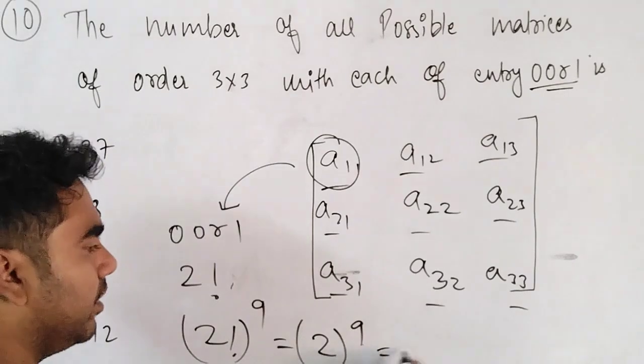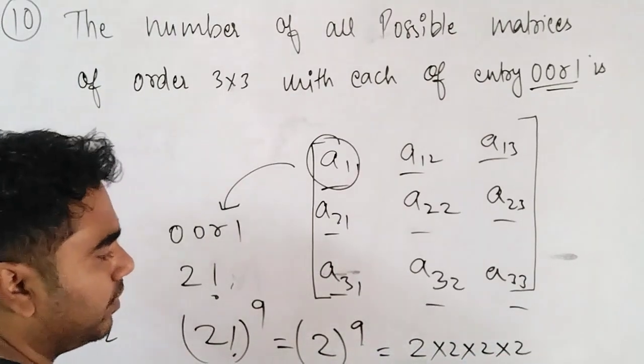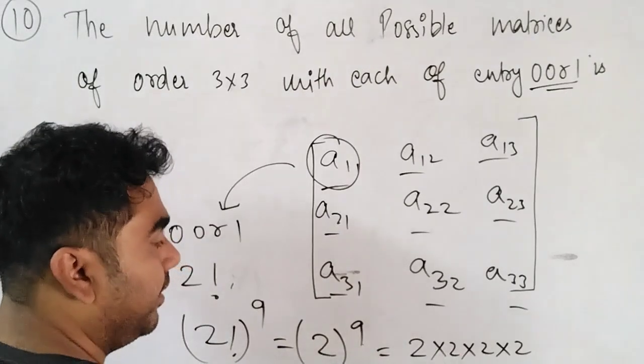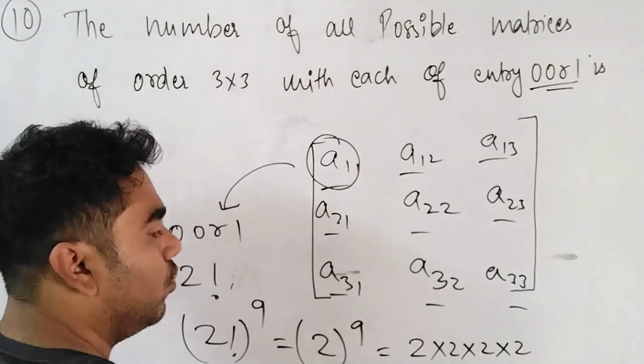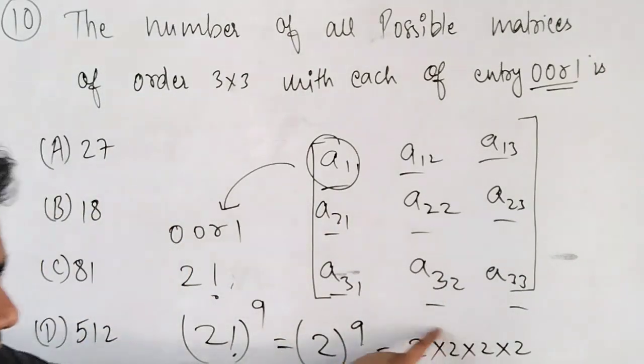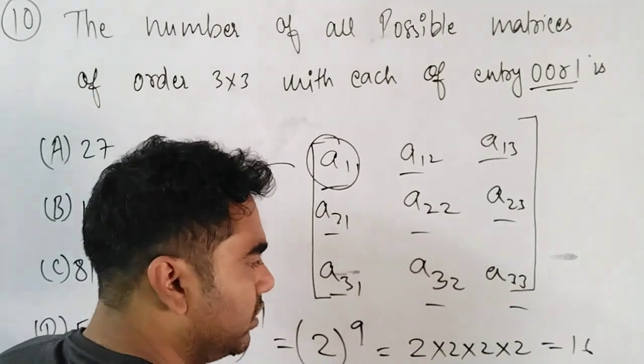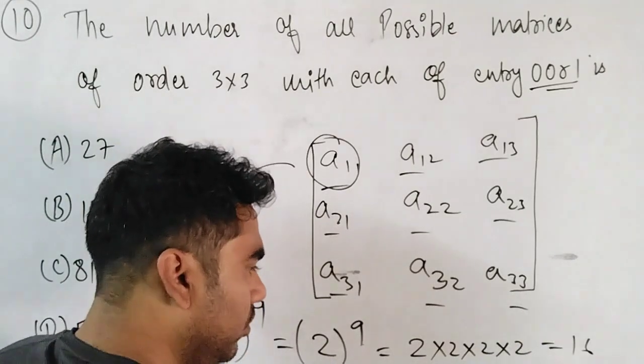Just calculate. 2 twos are 4, 4 twos are 8, 8 twos are 16. 2 twos are 4, 4 twos are 8. How many times? 4 fours are 16, and the remaining 2.